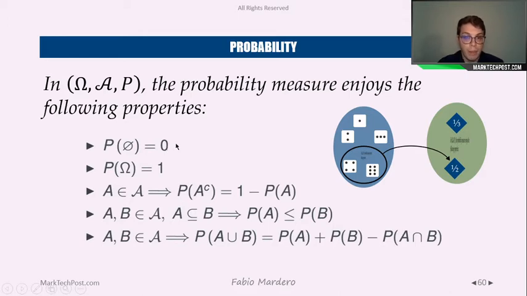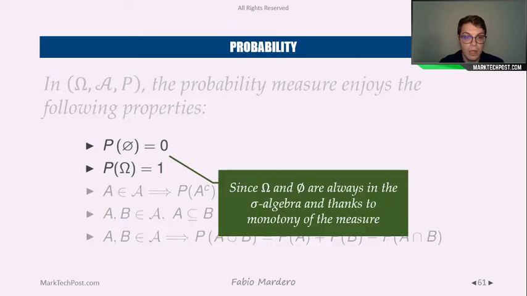But the probability measure is a finite measure, so the probability of omega is finite, is less than infinity, and in particular, in probability, we define the probability of omega as equal to 1. So since omega and the empty space are always in the sigma algebra, and thanks to the monotony of the measure, we can write these two properties.